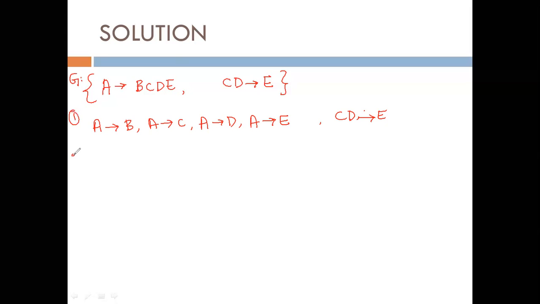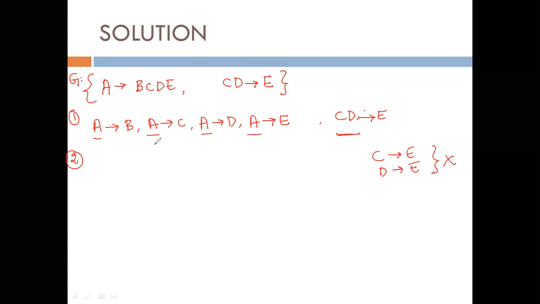In step 2 we have to bring the left side to one attribute if possible. Here only one attribute is there. Here we have two attributes, but we have to verify whether either is erroneous. If we just consider CD determining E, we cannot write C determining E or D determining E, so this is not possible.